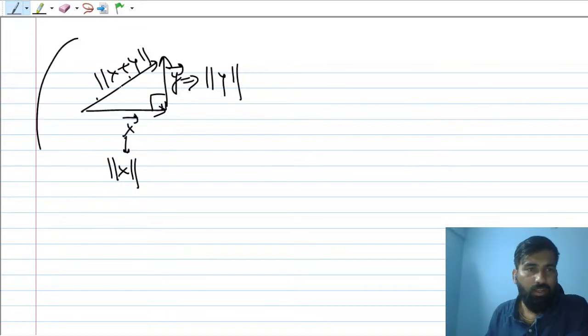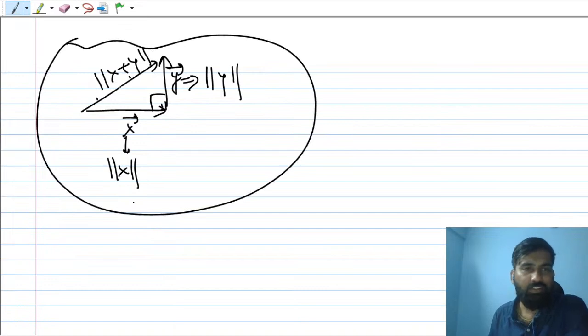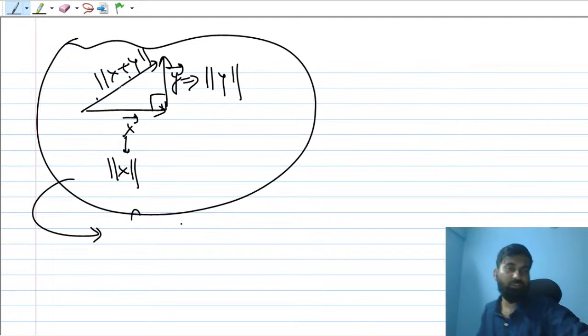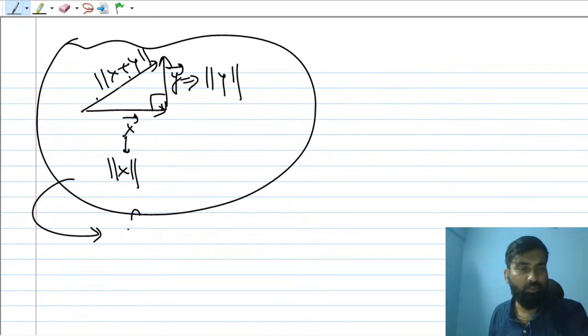If it is a right angle triangle, no, not if, directly you say yes it is. If two vectors are orthogonal, what does it mean? They will form a right angle triangle, and a right angle triangle means we can apply the Pythagoras theorem, right?